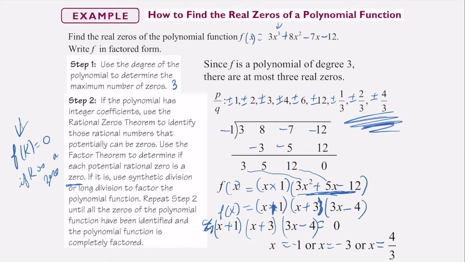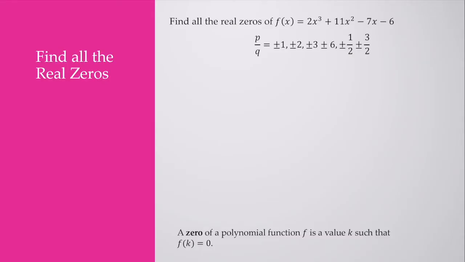So let's go back to our example that we were doing ourselves, where we have this function f of x here, and we found our potential zeros. Let's start by trying to determine what are the possible zeros of this polynomial. And I like to start at the beginning. Let's start with the easy numbers, right? Like 1.